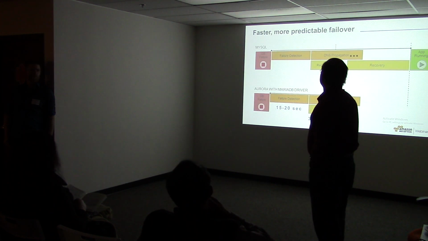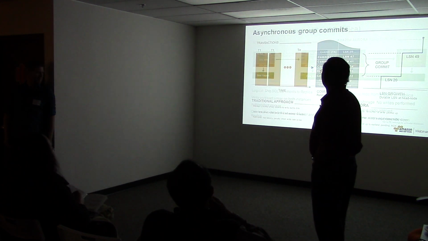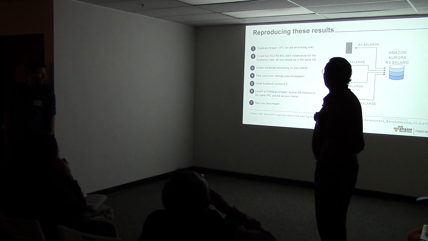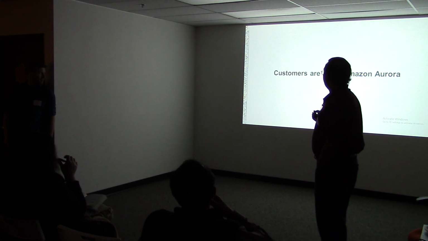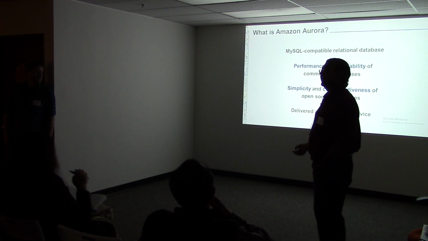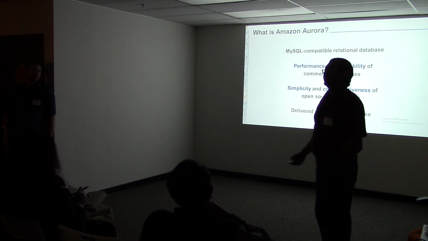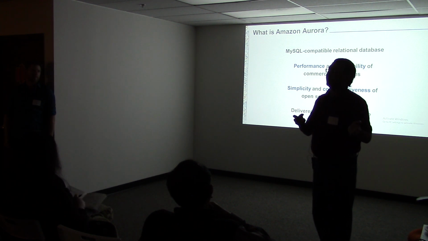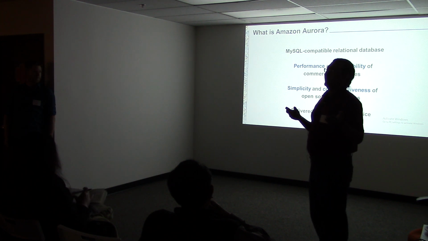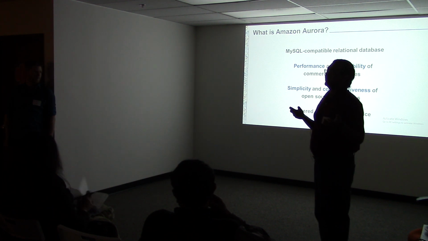Yeah. So let me start with, this was the first. Our goal at a strategic level is that we wanted to have commercial scale performance and availability, but the open source attributes in terms of cost and simplicity. We didn't know at that time what kind of performance we were going to get.